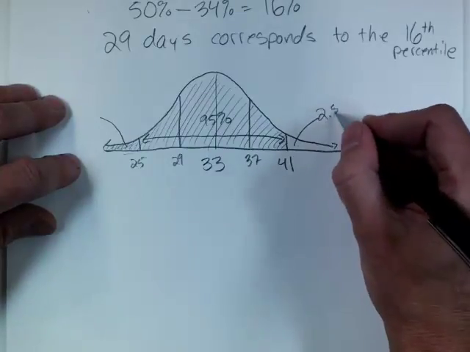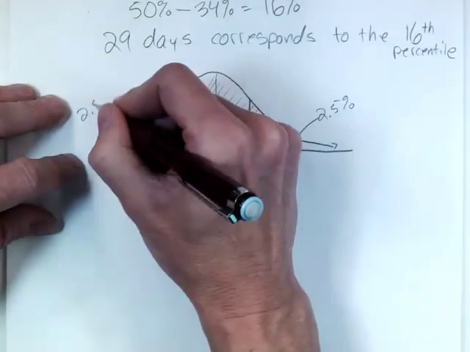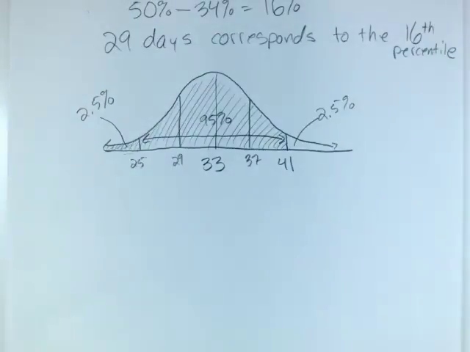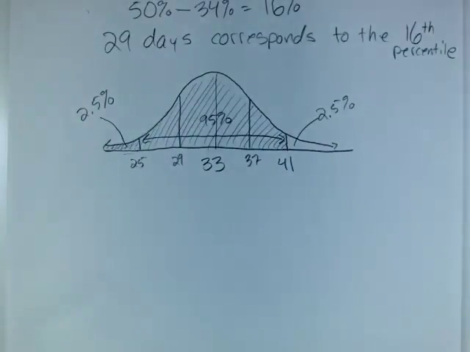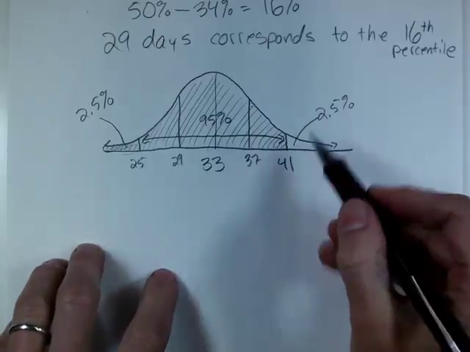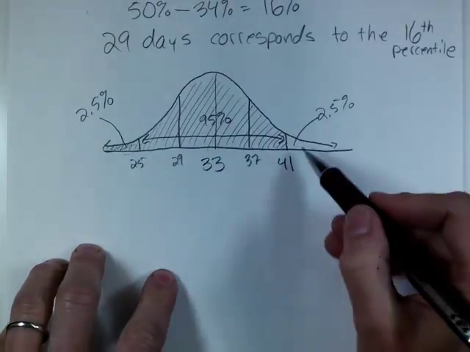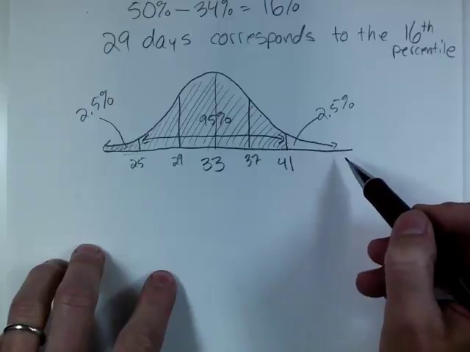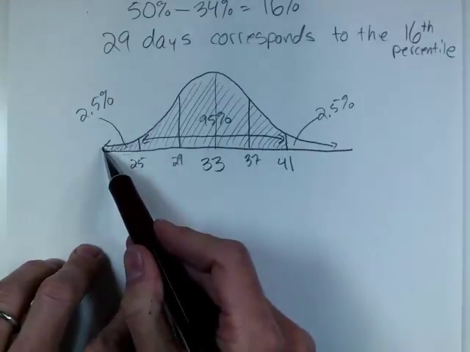Because 100% of the area is under that curve. Does that make sense? Breaking it in half, I've got 2.5% here and 2.5% here. But I don't want this area here. I'm doing a running total.